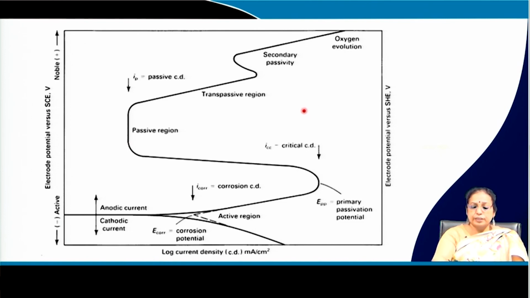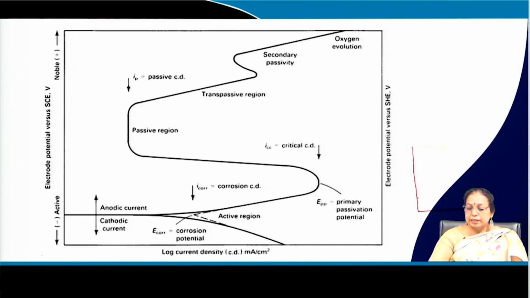Now, if you are interested to know the potential at which the pit will start propagating, you have to go for a cyclic polarization test. In a cyclic polarization test, you initially apply the forward potential, then you apply the backward potential, I mean you do reverse polarization testing.